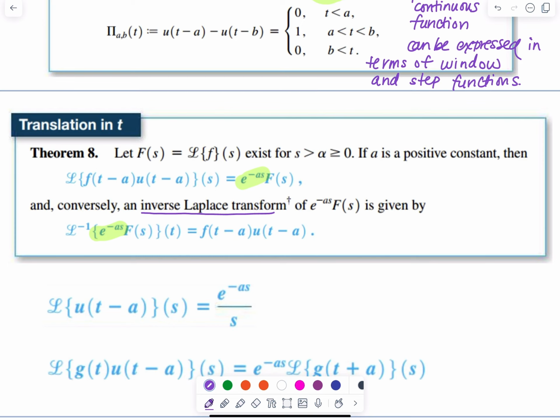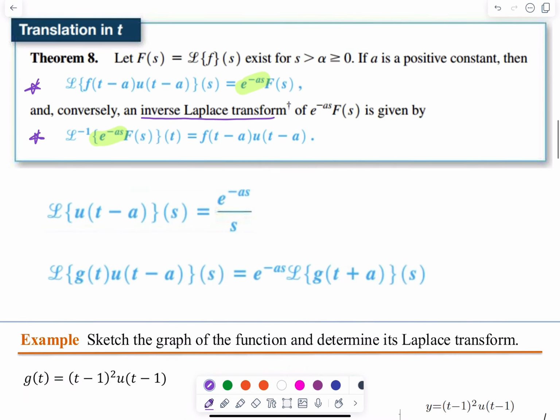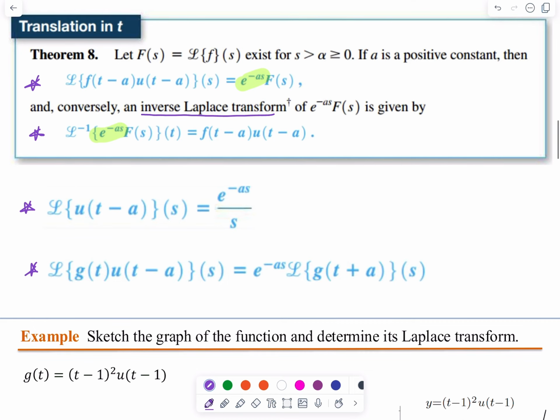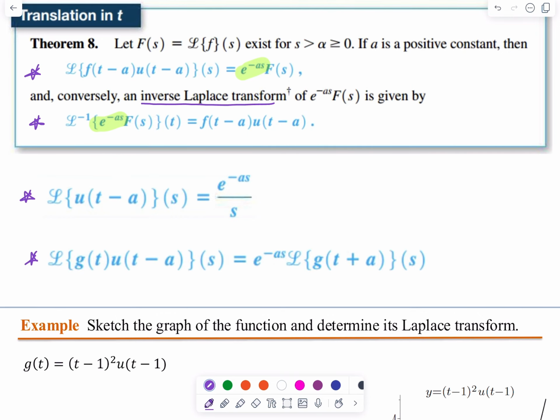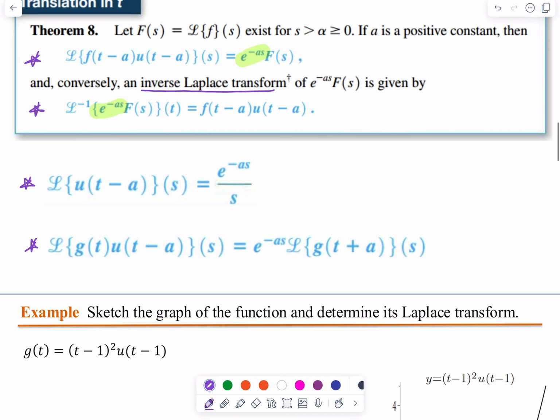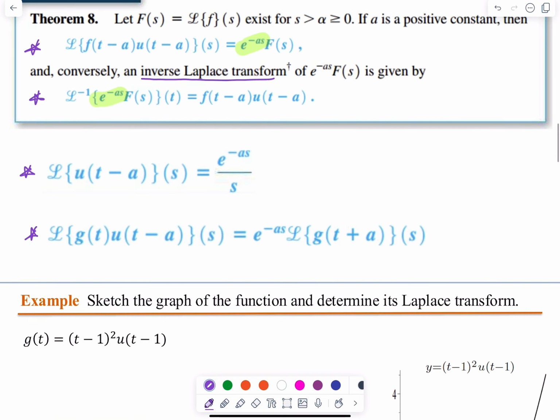So we will be using these a lot, and I went ahead and included these other two Laplace transform formulas. We will be referring back to these, and you can see that we actually have this last transform, something that's very common, and we see this as a function of t multiplied by u of t minus a, rather than f of t minus a.